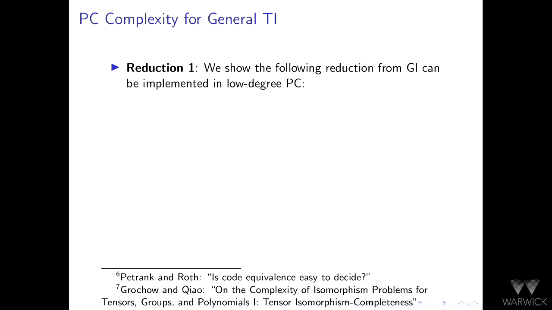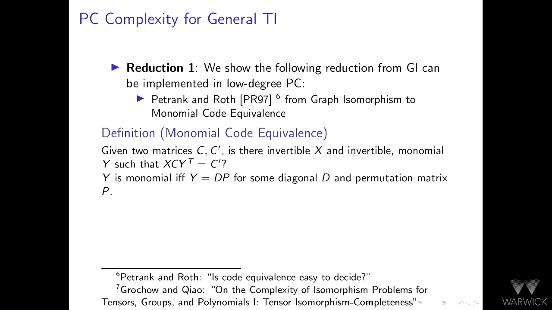So recall that the graph isomorphism problem is a special case of the tensor isomorphism problem. So it's natural then to use existing lower bounds about graph isomorphism to prove new results about tensor isomorphism. So we observed that the following reduction from graph isomorphism actually not just gives a reduction between the two problems, but also a low degree PC reduction.